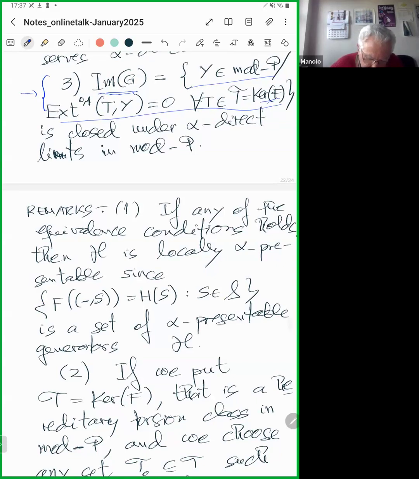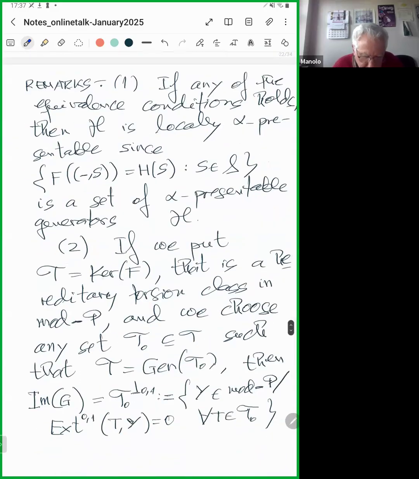And the important thing in the argument is that if we put T, the kernel of the Gabriel quotient functor, that is a hereditary torsion class in the category of P modules, any set that you could choose that generates the torsion class satisfies that the image of G, the fully faithful right adjoint, is precisely this.